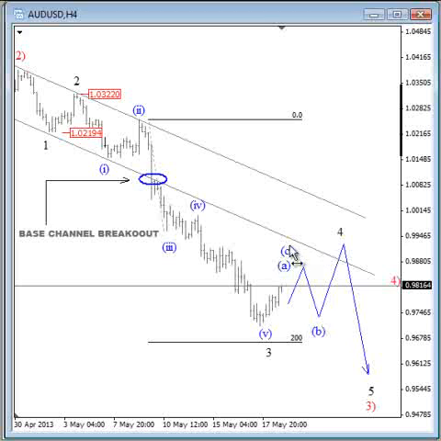This, I believe, is wave A underway, and we will then see a wave B pullback and a wave C push higher back to parity. I think that parity is a very strong psychological level here. So if we get a nice 3 waves to the upside, then I think it will be time to turn bearish again.